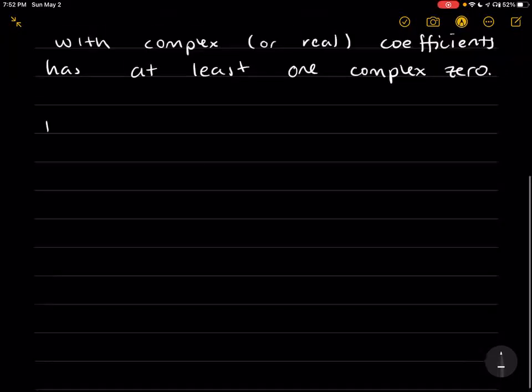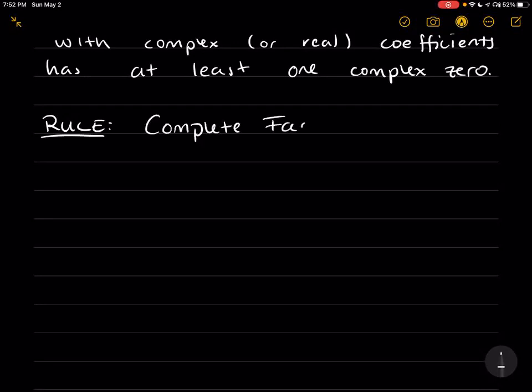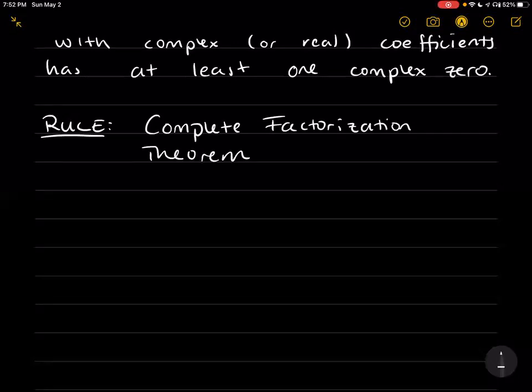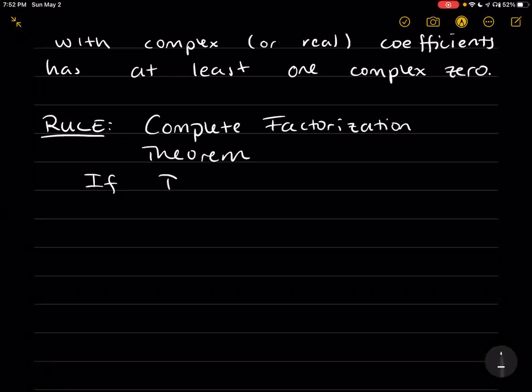So the next one is called the complete factorization theorem. Okay, and what this says is if we have some polynomial, so if P of X is a polynomial, now let's say it's of degree n.